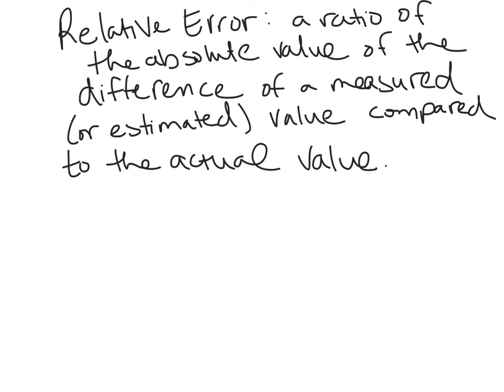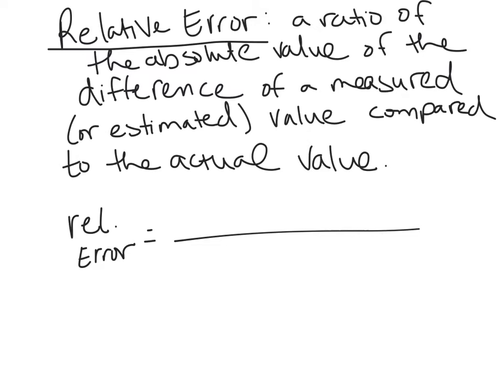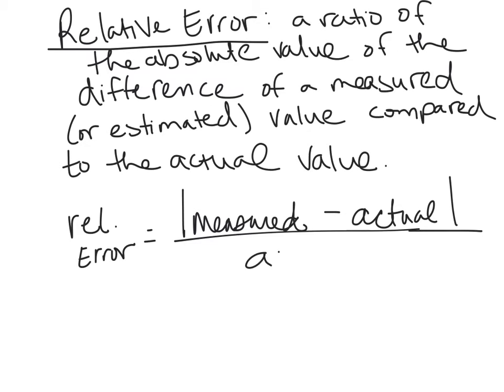So relative error goes along with percent error. It's a ratio of the absolute value of the difference of the measured or estimated value compared to the actual value. So what this looks like, relative error is equal to the absolute value of the measured value minus the actual value over the actual.